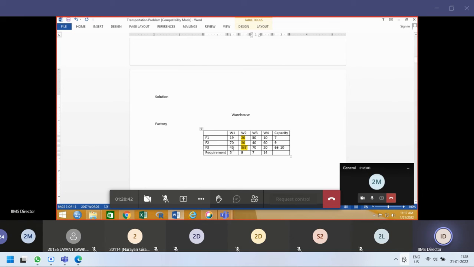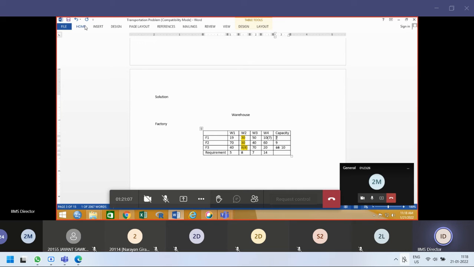That is 19, 70, 40, 50, 10, 40, 60, 17, 20. What is minimum? 10 is minimum, right? So here we have to allocate. How much I shall allocate here? Again, 7, whichever is less. Logic is whichever is less. Okay, 7 is allocated, so this is completely blocked, right?